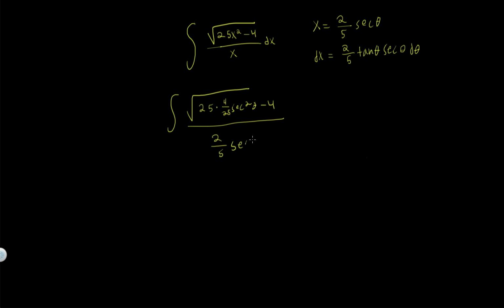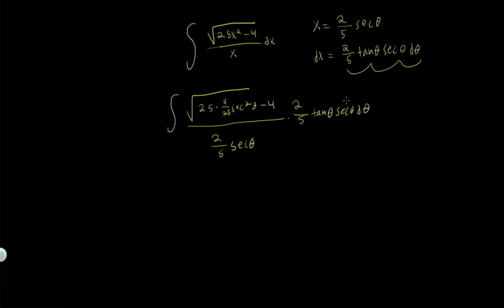Then we have to multiply by dx, so we can't forget that. And dx is this whole thing here, so times 2/5 tan theta secant theta d theta.